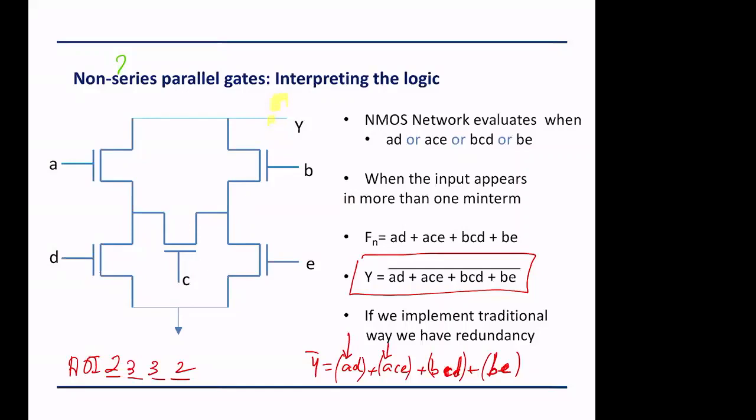I have some common inputs that share certain paths to ground, like B. I could not factor it easily, but I could plug in a non-series parallel transistor to allow me to establish the paths to ground with less number of transistors.